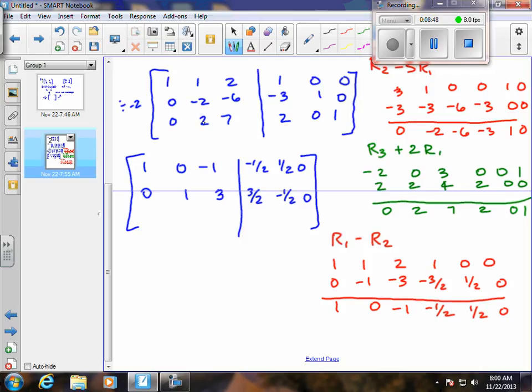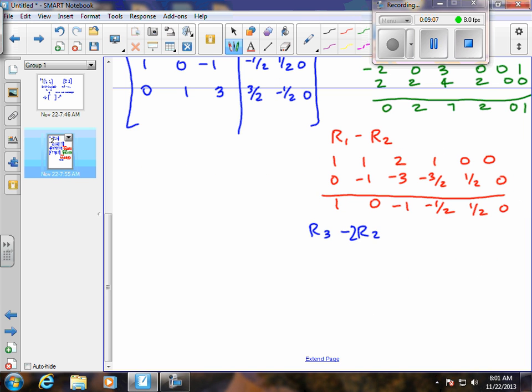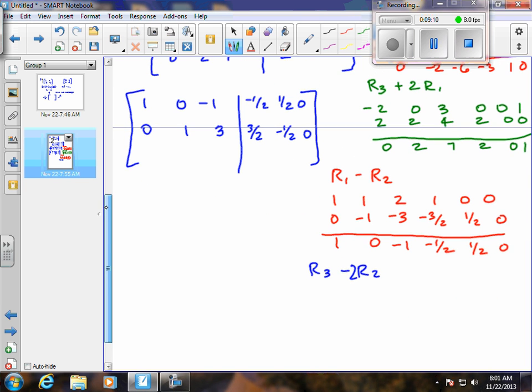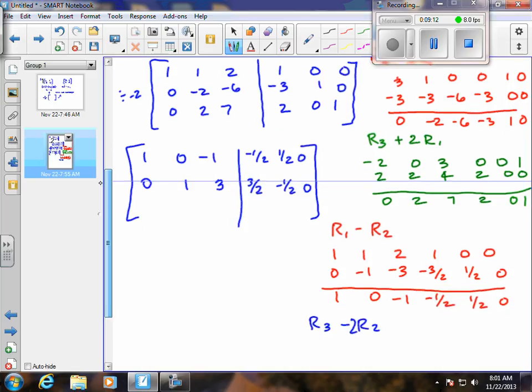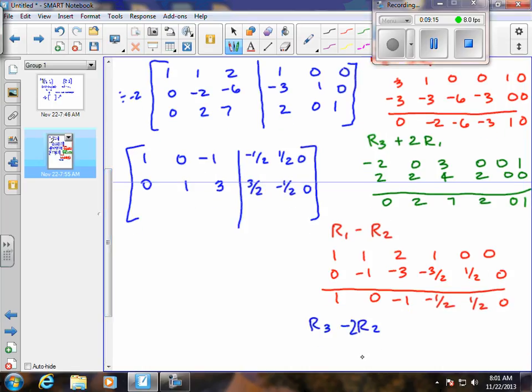I need to change the 2 to a 0, so I'm going to take row 3 and subtract row 2. So my row 3 is 0, 2, 7, 2, 0, 1.